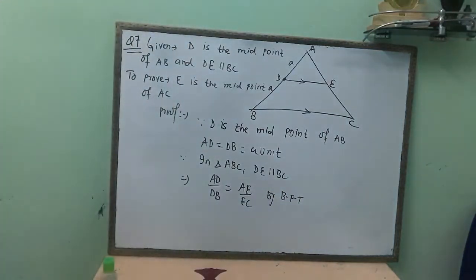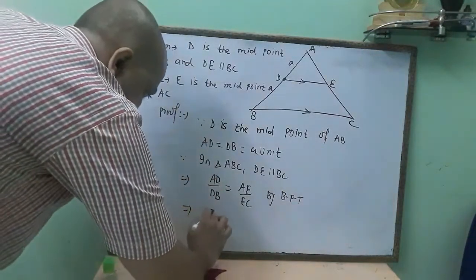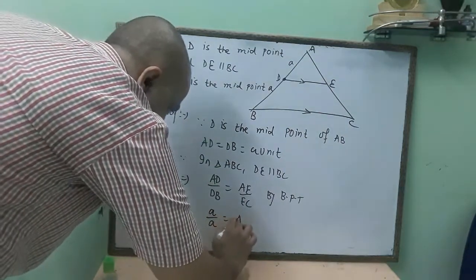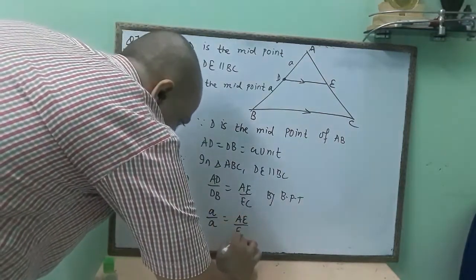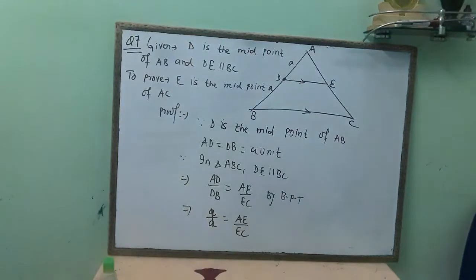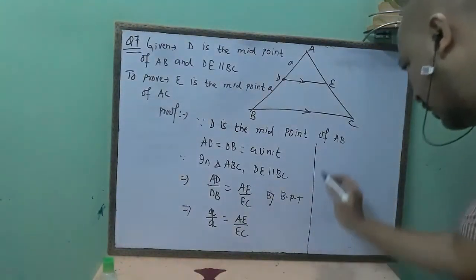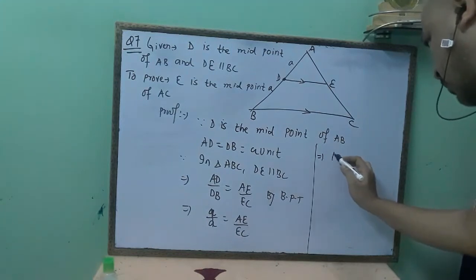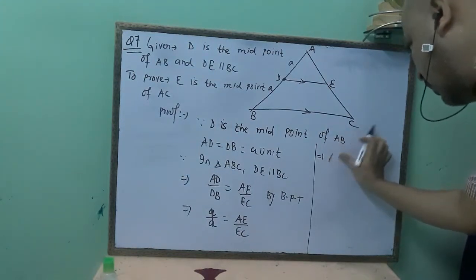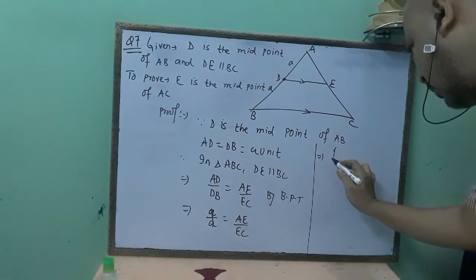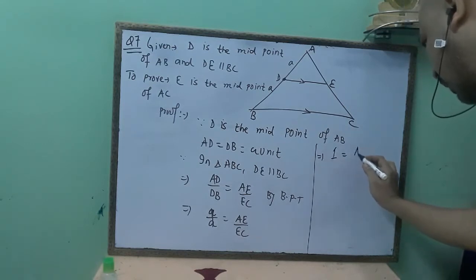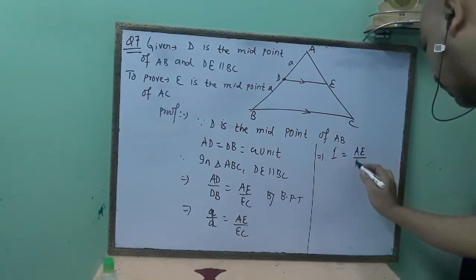So see this one, AD and DB both are equal. So a divided by a is equal to AE divided by EC. A divided by a will be 1. So here 1 is equal to AE divided by EC.